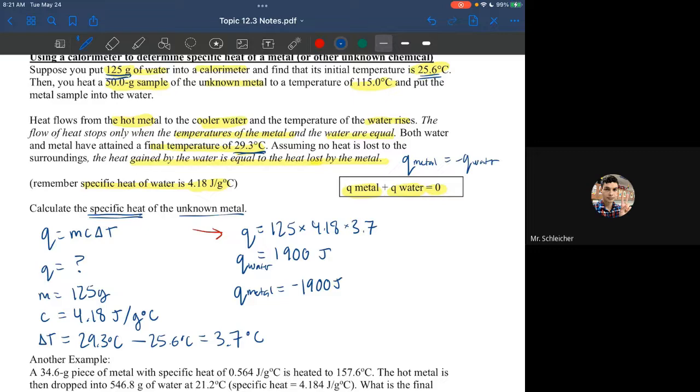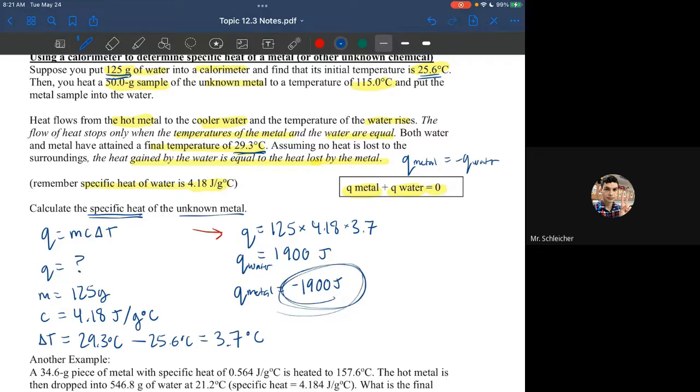All right. So now that we have this number, we can use the rest of the information that we know about the metal and calculate its specific heat. So this is how many joules were released by the metal.